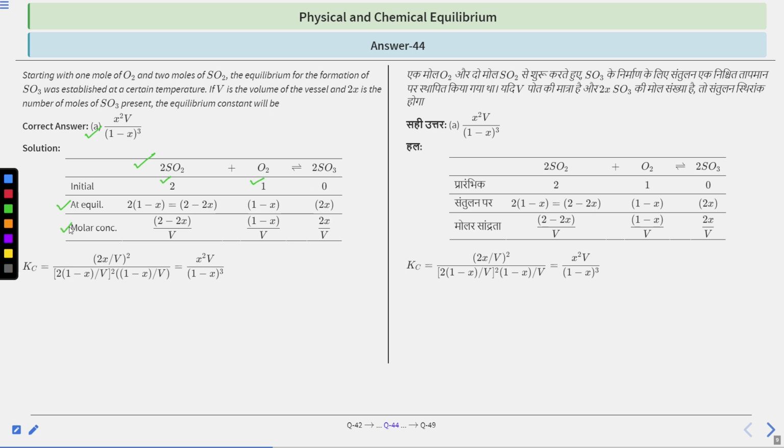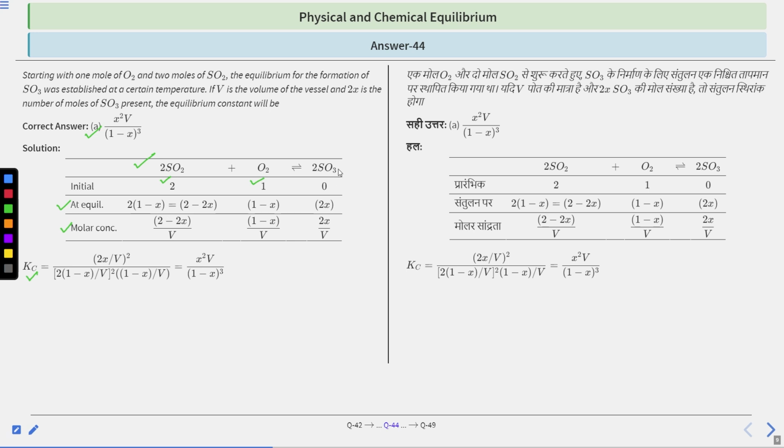Now if we find the molar concentration, it will be the number of moles divided by the volume. So it will be (2 minus 2x) divided by V, (1 minus x) divided by V, and 2x divided by V for SO2, O2 and SO3 respectively. Now Kc is given by the product concentration divided by the reactant concentration.